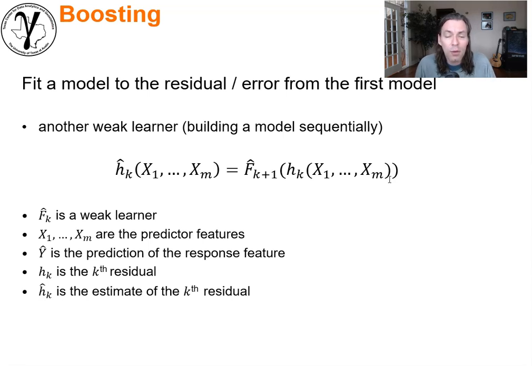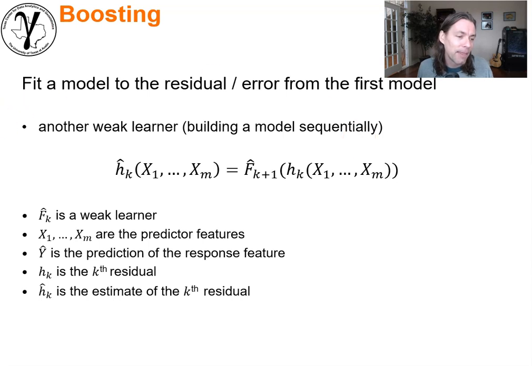Isn't that cool? So we're building the model sequentially. It kind of reminds me of those shaving commercials. I don't know, it was a long time ago, where they talked about the first blade got incredibly close, the second even closer, the third. This idea that the first model goes through and does not do a great job, but it gets something. And then the remainder, the next model gets some of that, and the next one gets some of that.